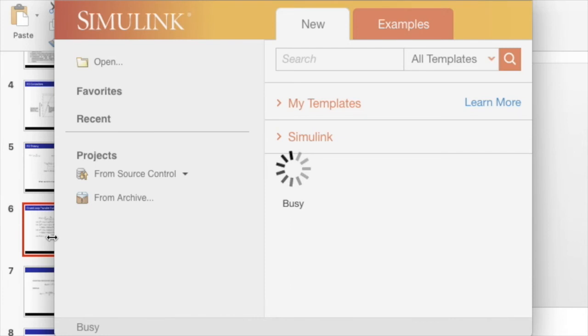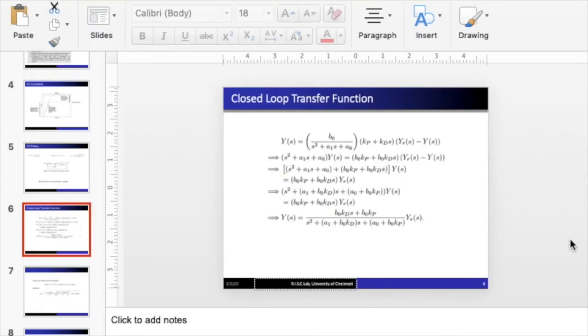Okay, so we want to place, so that's the open loop thing, and that is the closed loop transfer.